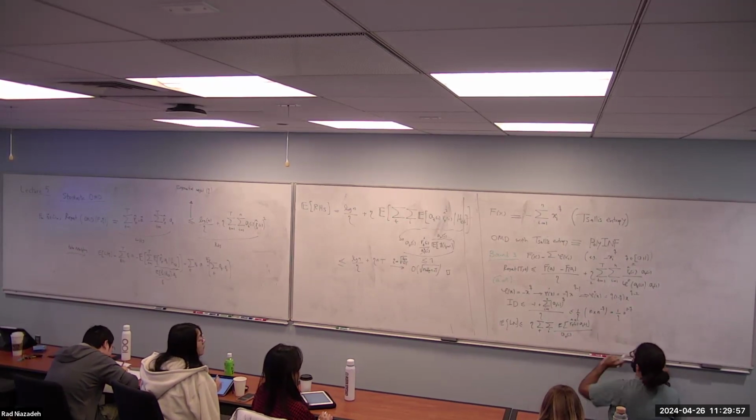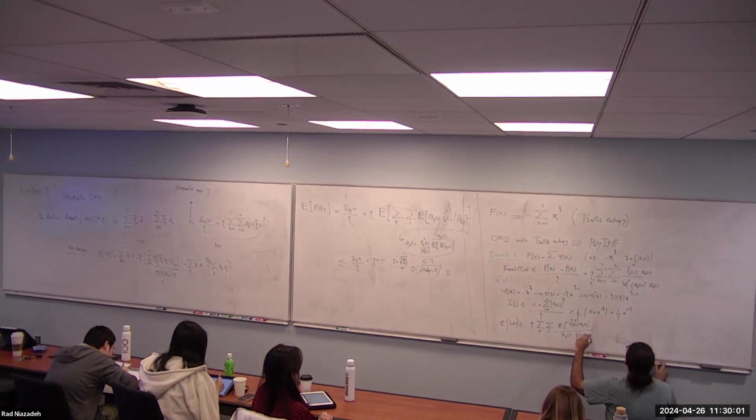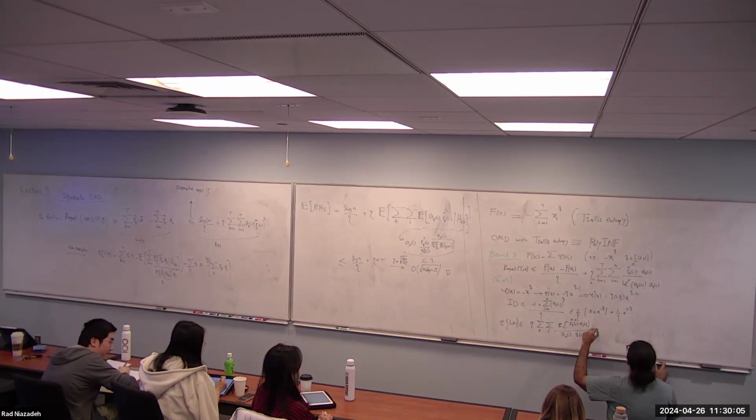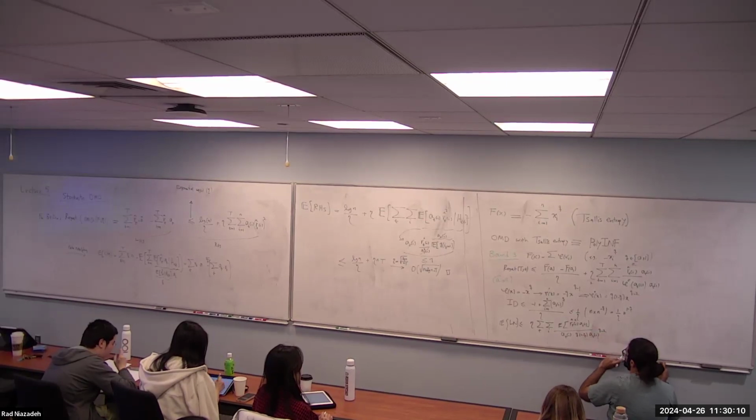And then phi double prime is this function, so it's going to be q times 1 minus q times a_t,i to the power q minus 2.